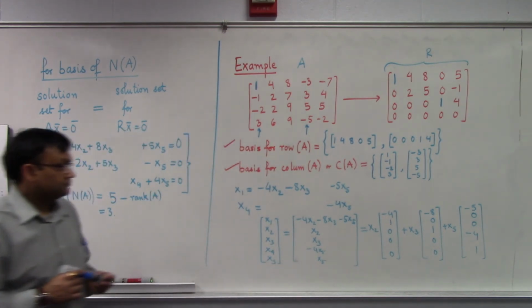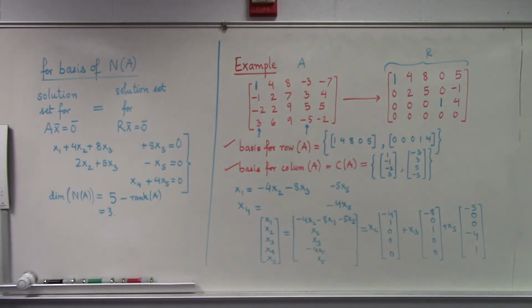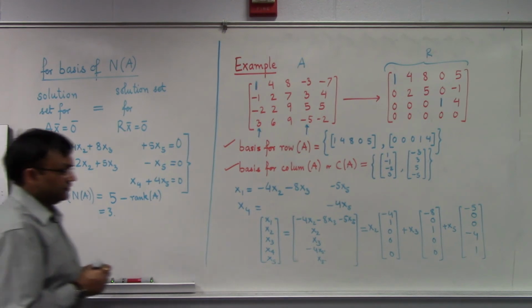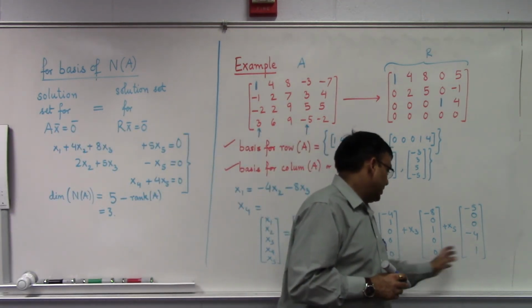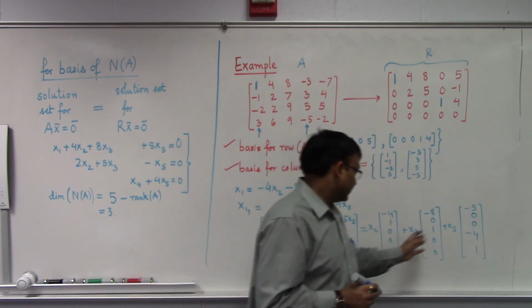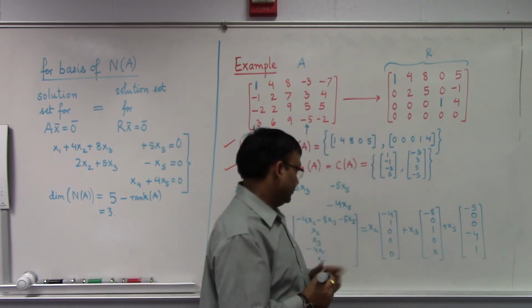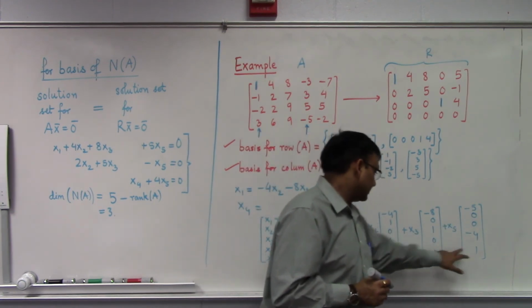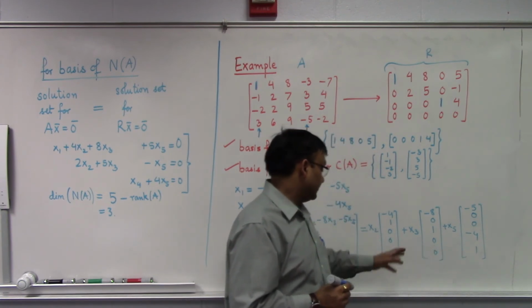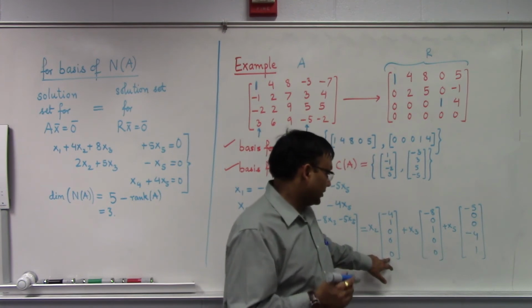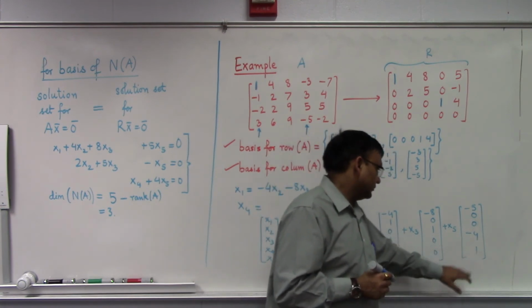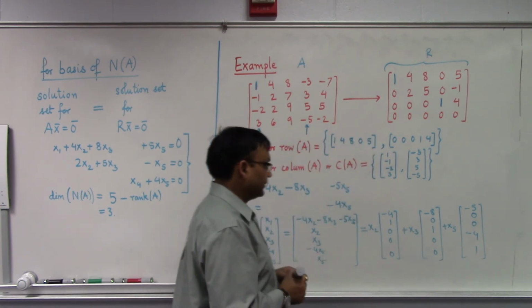Now, as you can see, based on the position of zeros, it's kind of clear that none of these vectors can be expressed as a linear combination of the other two. For example, can this vector be expressed as a linear combination of these two? If it was, these two will have the last entry as 0 no matter what I multiply with. It can never give me 1. So this is independent of these two.